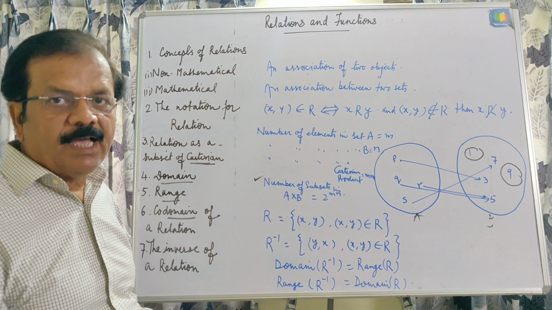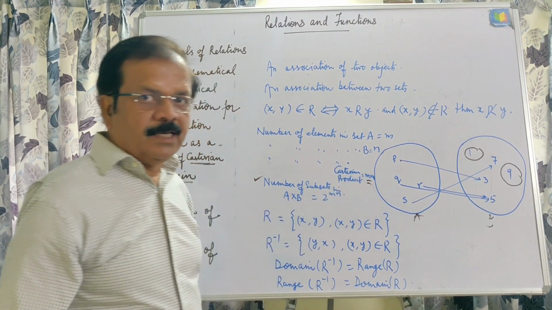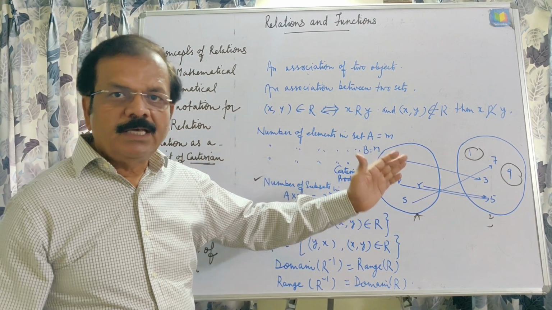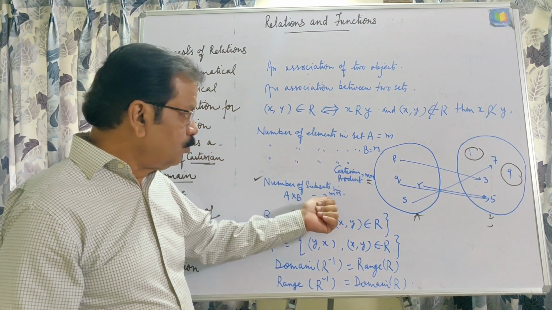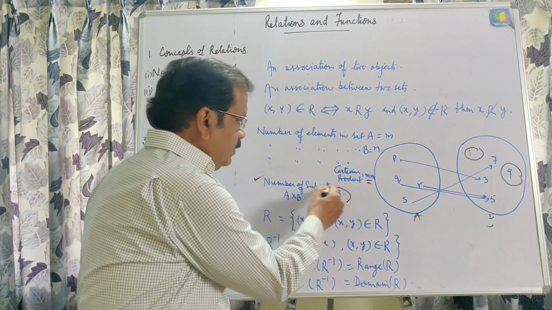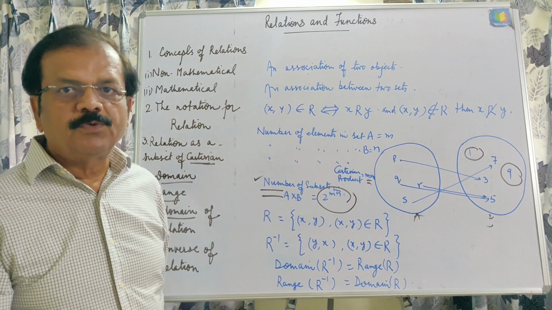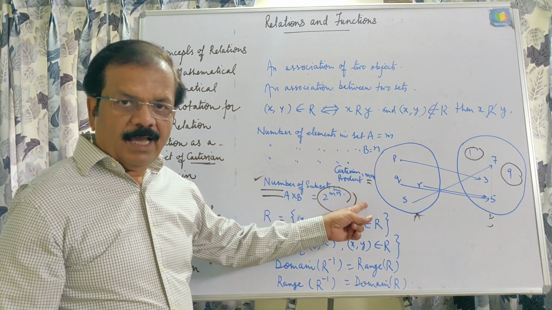If a set has n elements, then the number of subsets will be 2 to the power n. Since in the Cartesian product of two sets A and B, which have cardinal numbers m and n, we get 2 to the power mn subsets, all possible relations between two sets A and B will be 2 to the power mn.